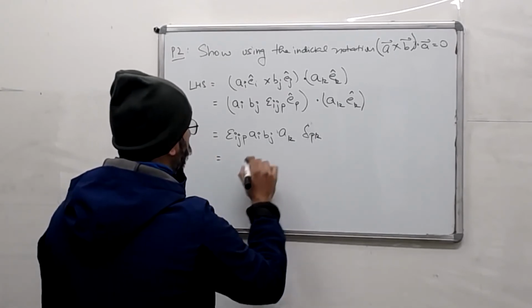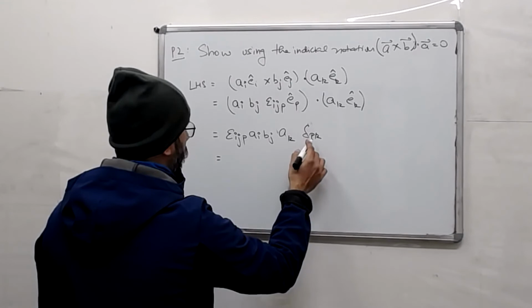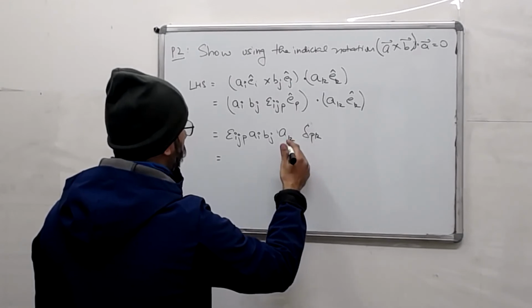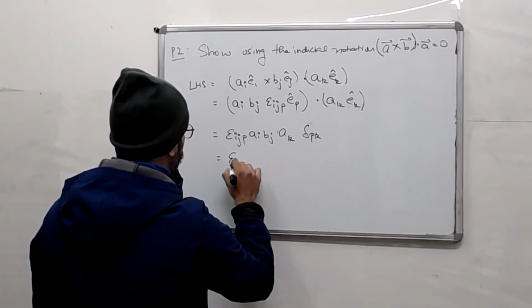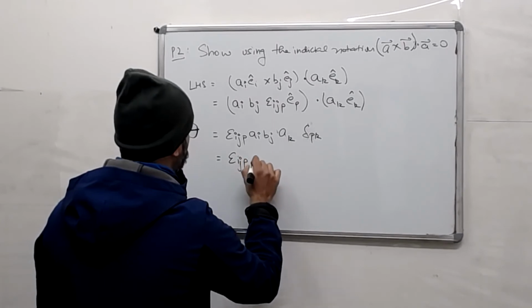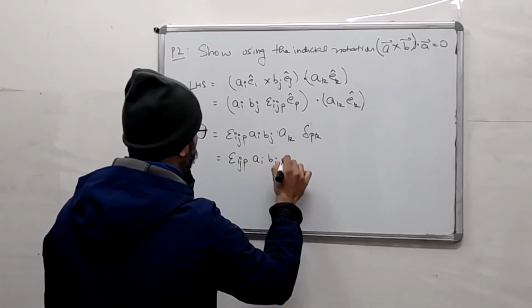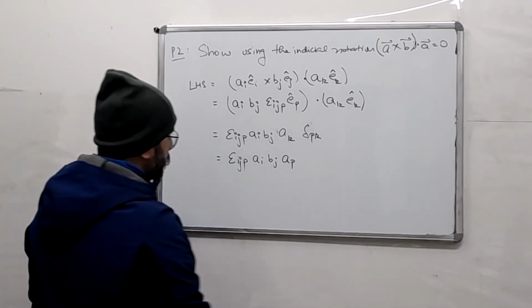Both p and k are repeated, so I can replace k with p, so this becomes epsilon ijp ai bj ap.